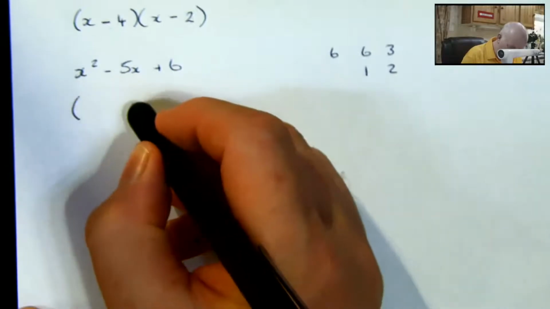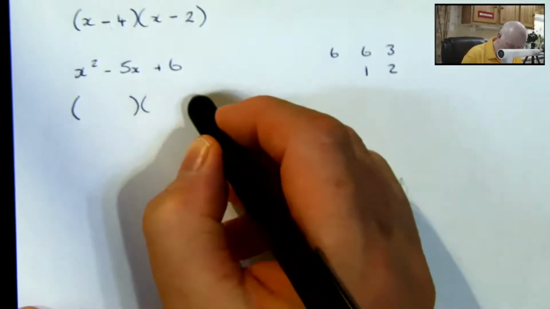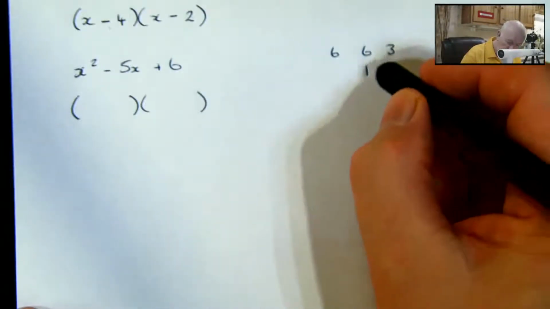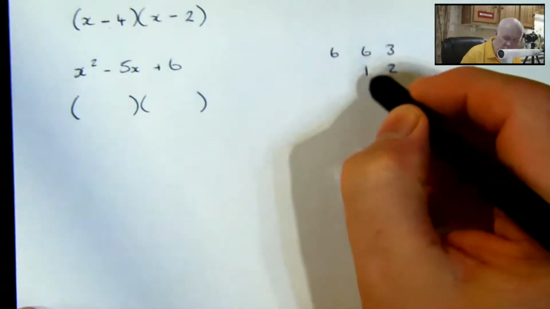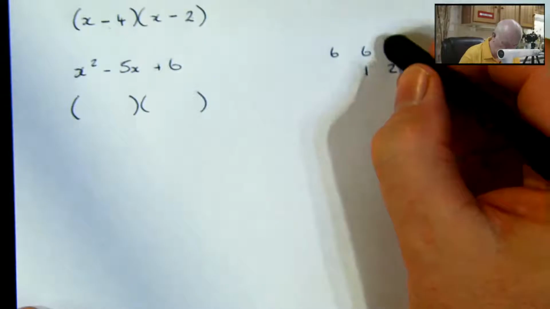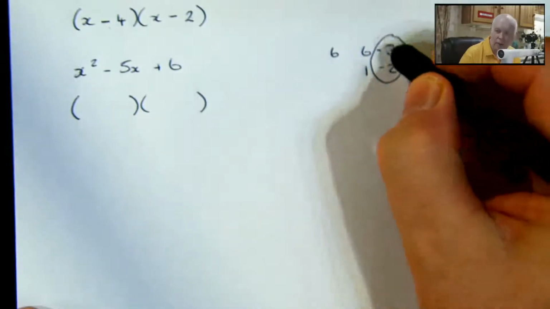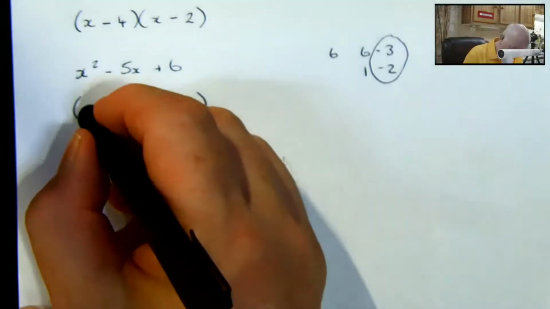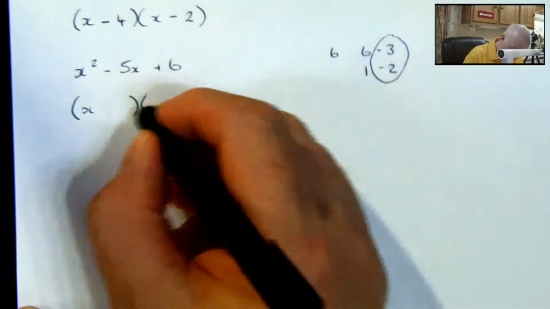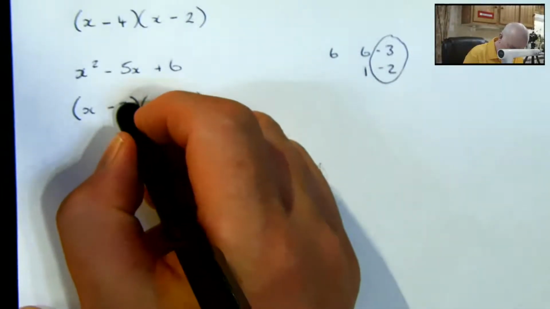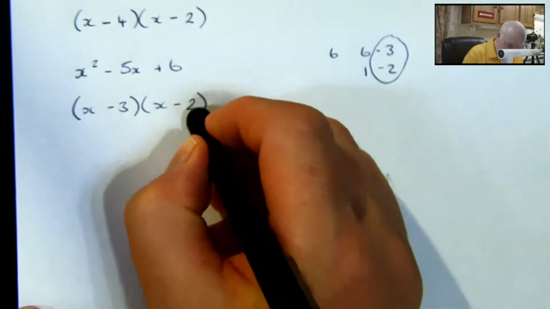So therefore, both of my numbers have got to be negative. This one would be positive, one would be negative, so it can't be that one. But instead, it's got to be this one. So we write down our x. And we've got -3 and -2.